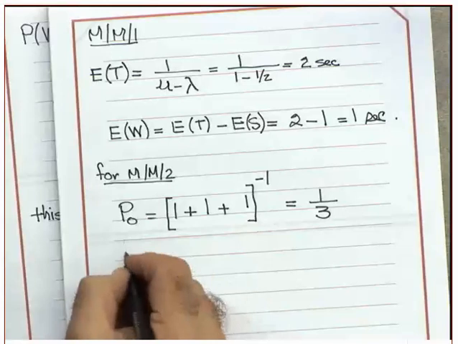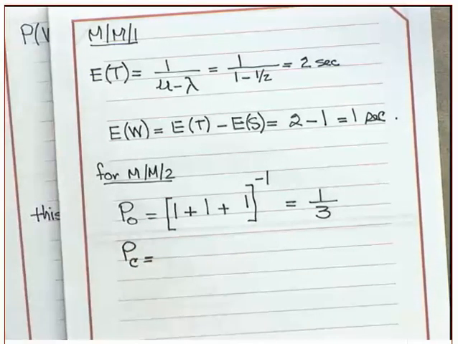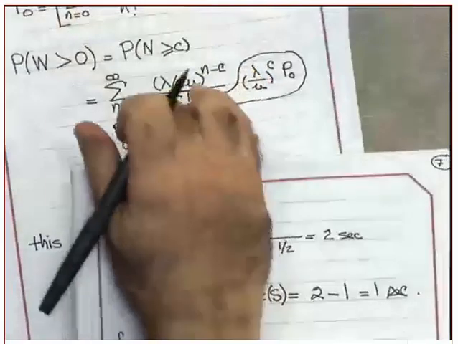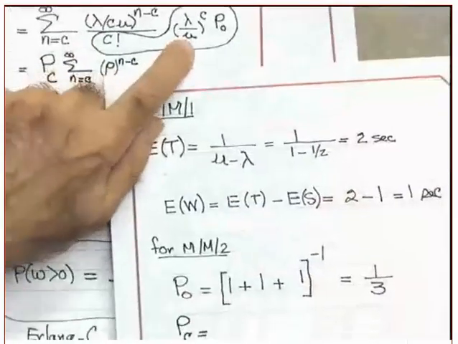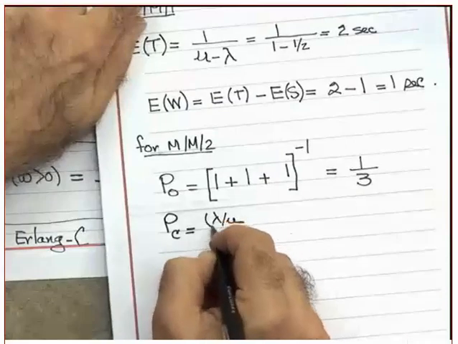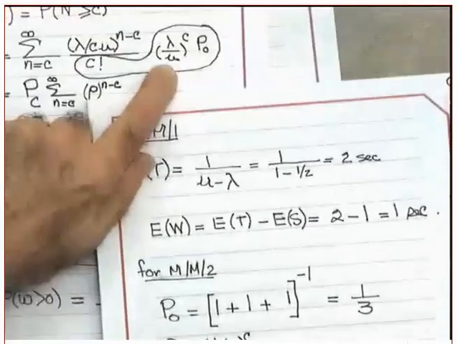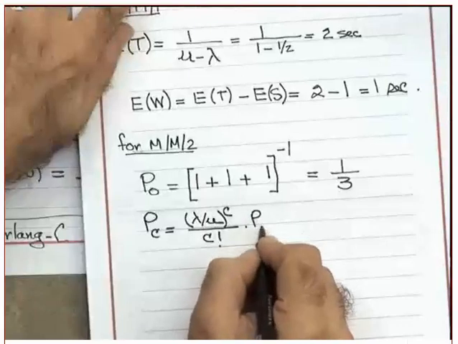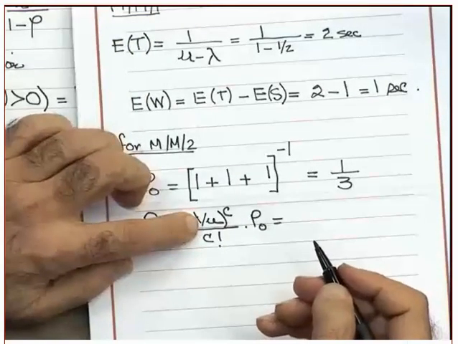Yeah, I need to find PC. Where is the PC? The equation for the PC is this one. PC is lambda over mu to the C over C factorial times P0. Now, lambda over mu is 1.